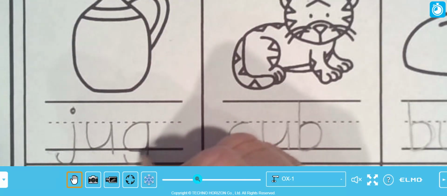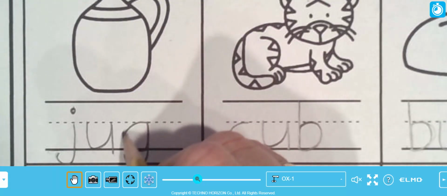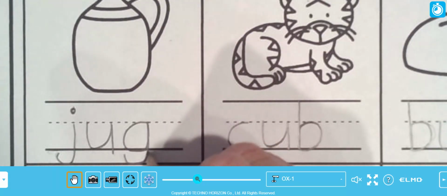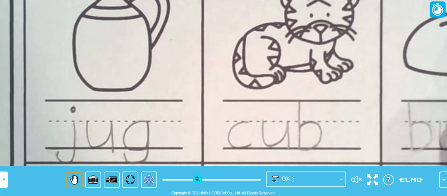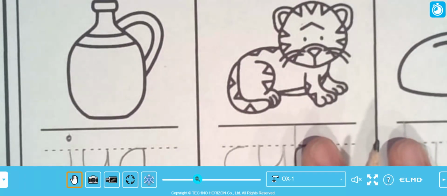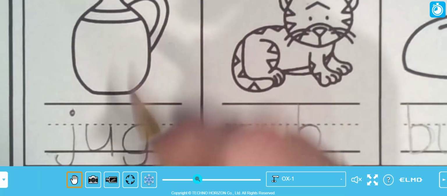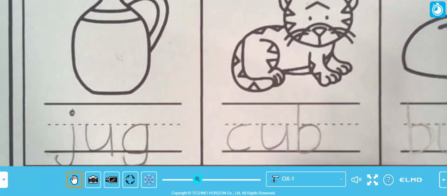So it's circle, then tail. Circle, then tail. Try it. Okay, there's the word jug, and I'm going to give you a sentence. So, there was water in the jug. There was lots of water in the jug.